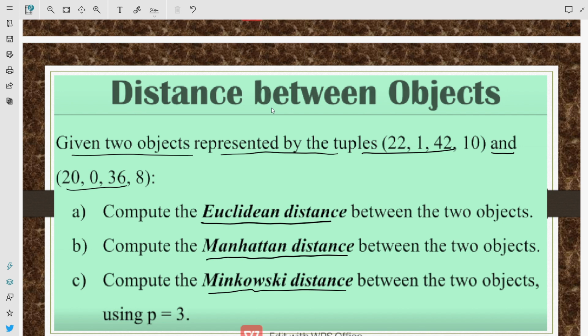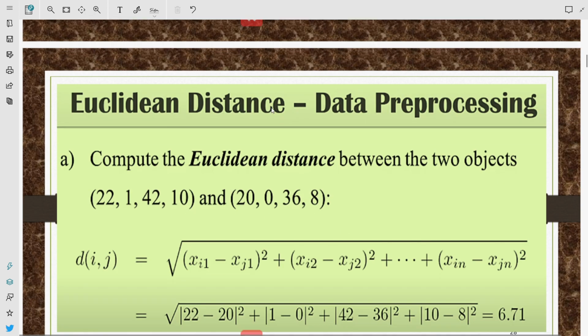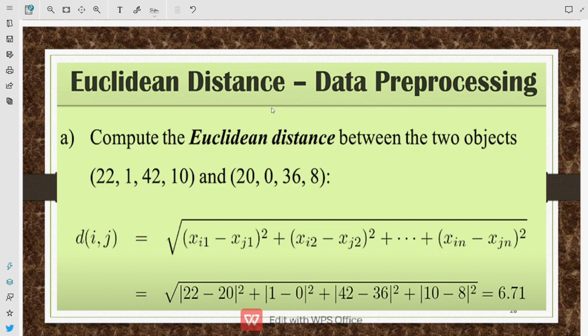So just go through the previous slides which we have discussed about the Euclidean, Manhattan and Minkowski distance, and apply them in those formulas. Here, for the Euclidean distance, I already told you, assume this is x1, this is y1, this is z1 or u, that's your wish, you can take it in your own way.